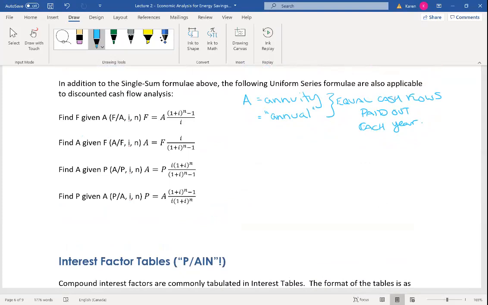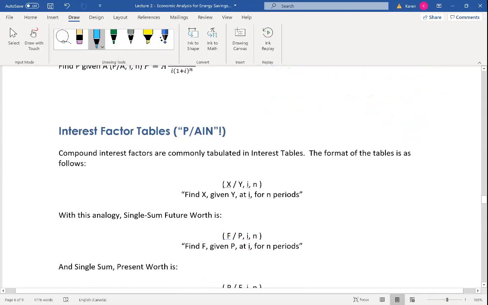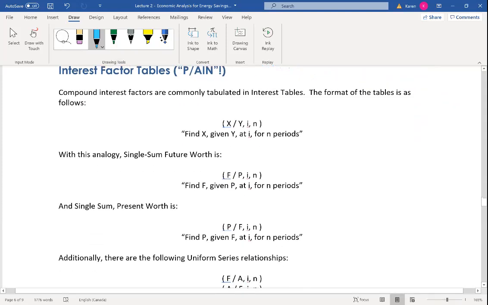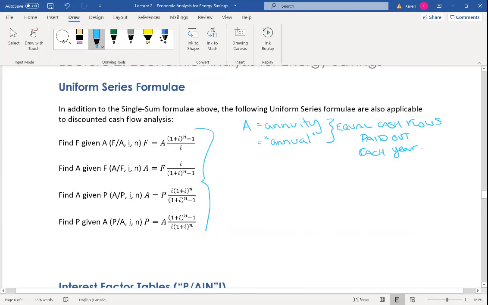We can find the annual savings or cost given the present cost or investment that's being made, and we can find the present value given what our returns are or what our cost is every year. And sometimes we do A's as we calculate monthly, but usually it's annually. So you can see that that's a lot of equations, right? I don't expect you to memorize these equations.